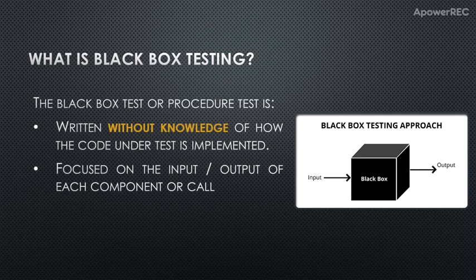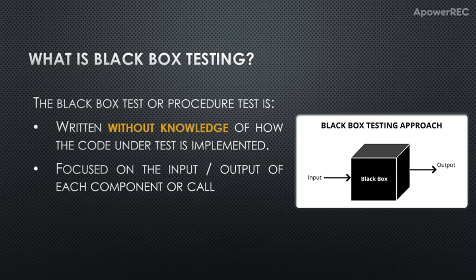So what is black box testing? Black box testing ignores the internal mechanism of a system and focuses on the outputs generated from selected inputs and execution conditions. Testers only know what can be input into the black box and that it will send something out.